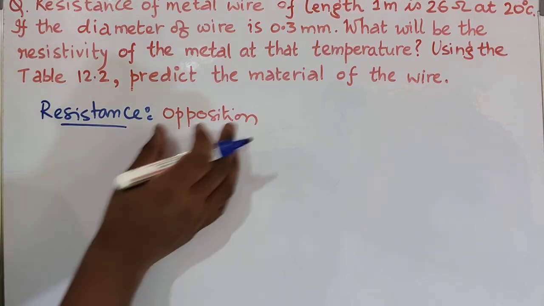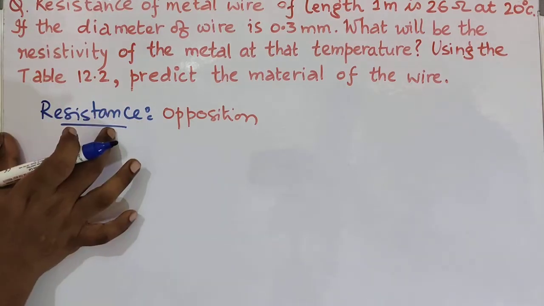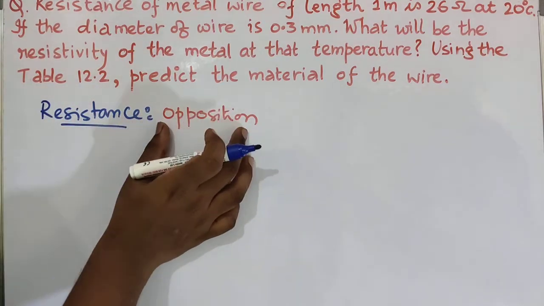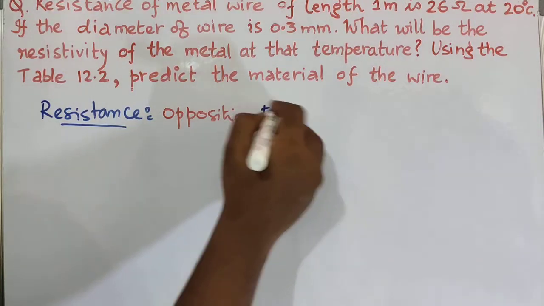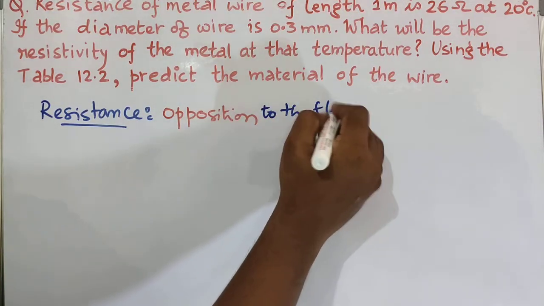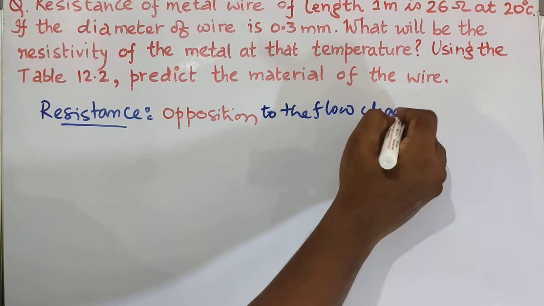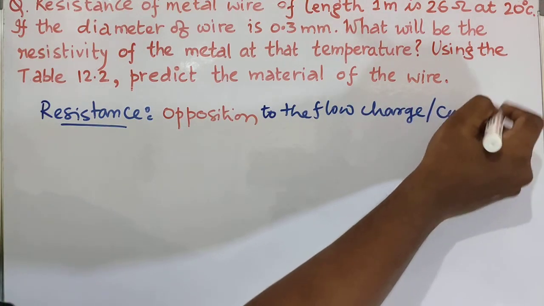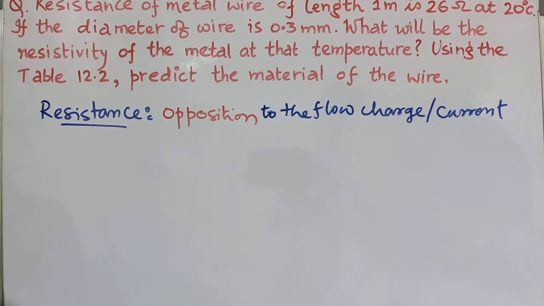This is a property of the material which shows opposition to the flow of charge, or I can say the current. Charge per unit time is current. So every material will have resistance.